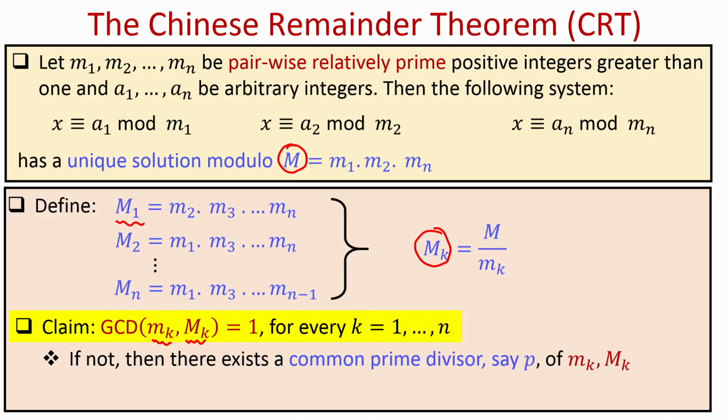So, if their GCD is not 1, that means there is another common divisor, and that will have some prime factor as well, right, because every number has a prime factorization. So, that means there is at least some common prime divisor which divides both small m_k and big M_k.